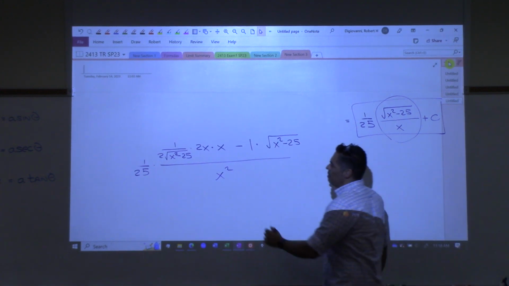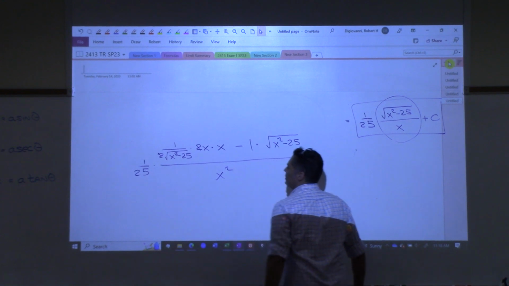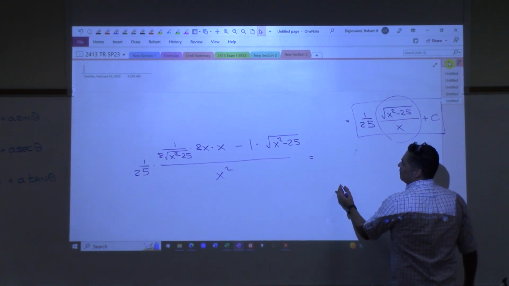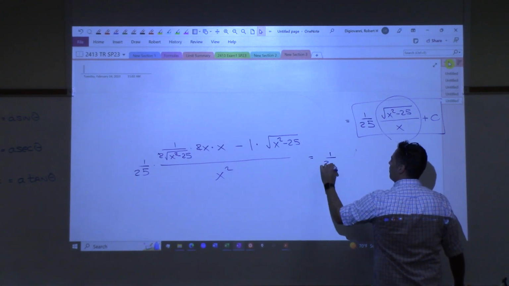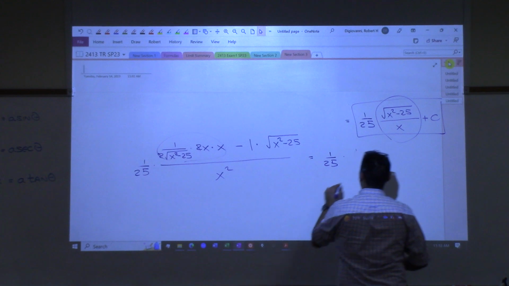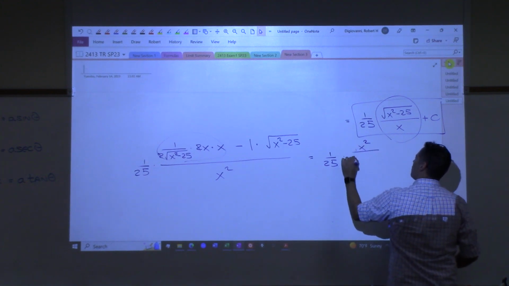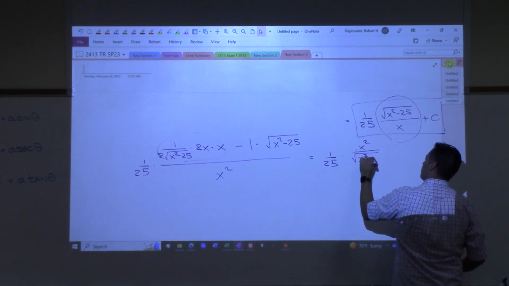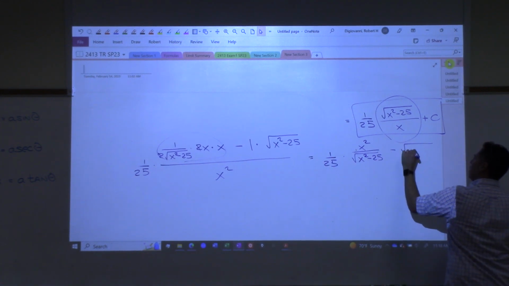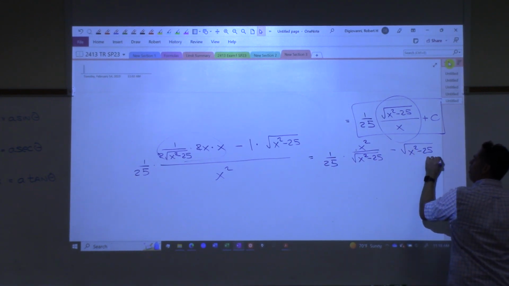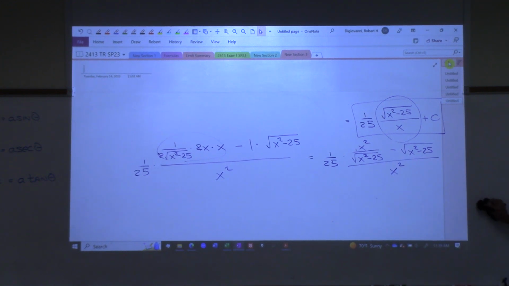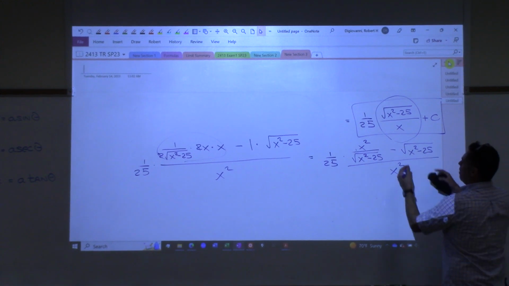The 2's cancel. So now I have 1 over 25 in front times x squared over the square root of x squared minus 25, minus the square root of x squared minus 25, and all of this is over x squared.